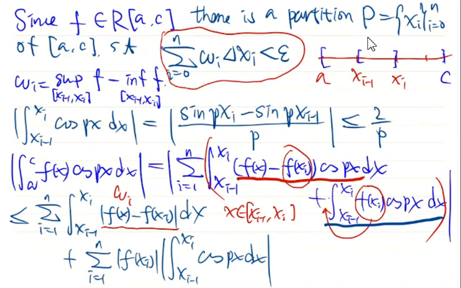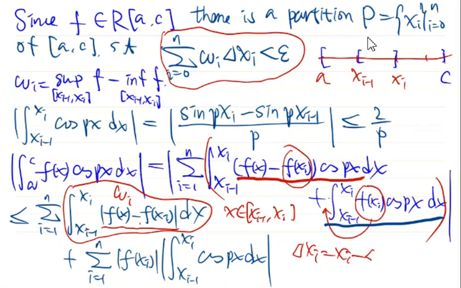The integrand is not greater than omega_i. Therefore, the integral will not be greater than omega_i multiplying the length of this interval, that is delta x_i, which is x_i minus x_{i-1}.